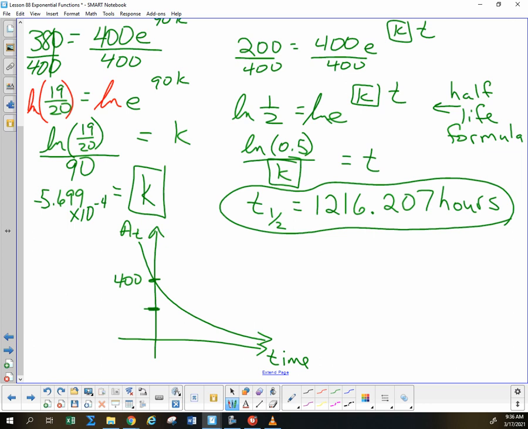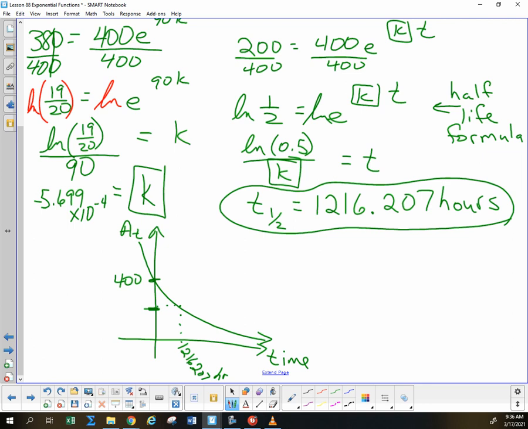Half-life would be, let's draw a dot about halfway between 0 and the y-intercept. Come straight across, come straight down, and this needs to be 1216.207 hours. So is that kind of making sense of the graph? My curve probably should have been steeper or not as steep. I'm not worried about that. I'm just, are we understanding the relationship in that?